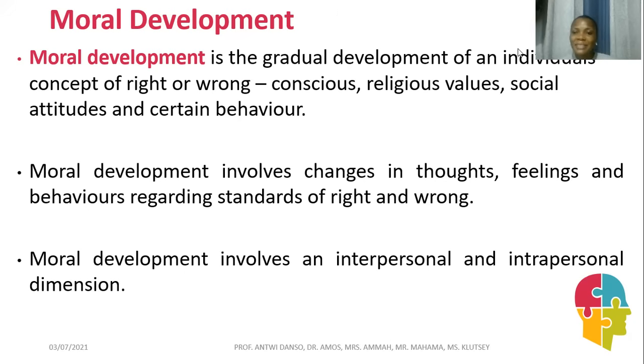So at a point in time, somebody can believe that something is right, but later on they can change that thought or that feeling or that behavior and conclude that a certain action is wrong. And that is why we are saying that it involves constant change in thoughts, feelings, behavior regarding what is right or wrong.